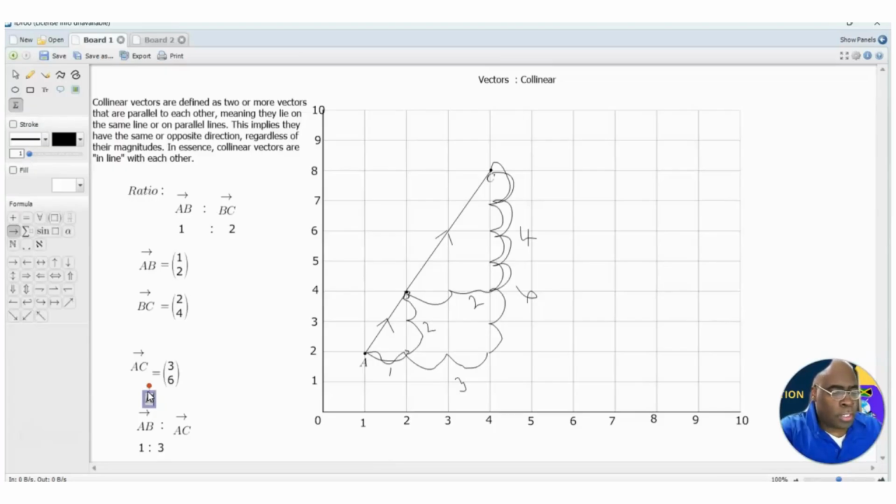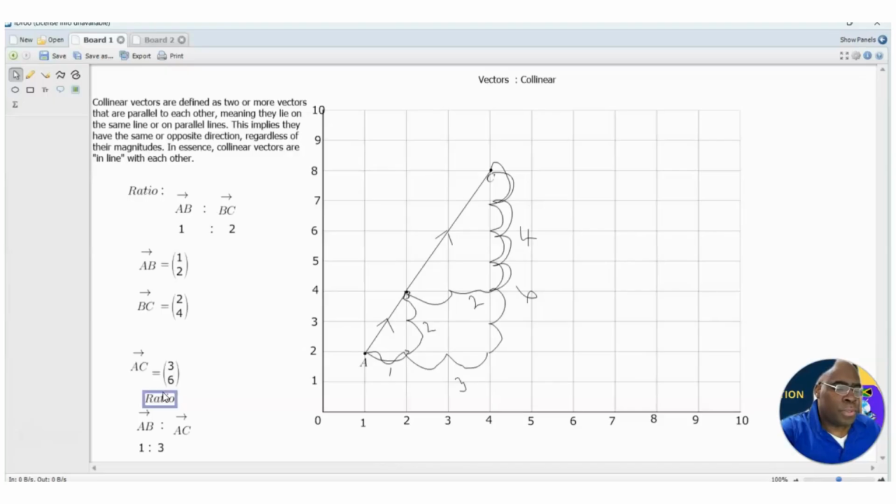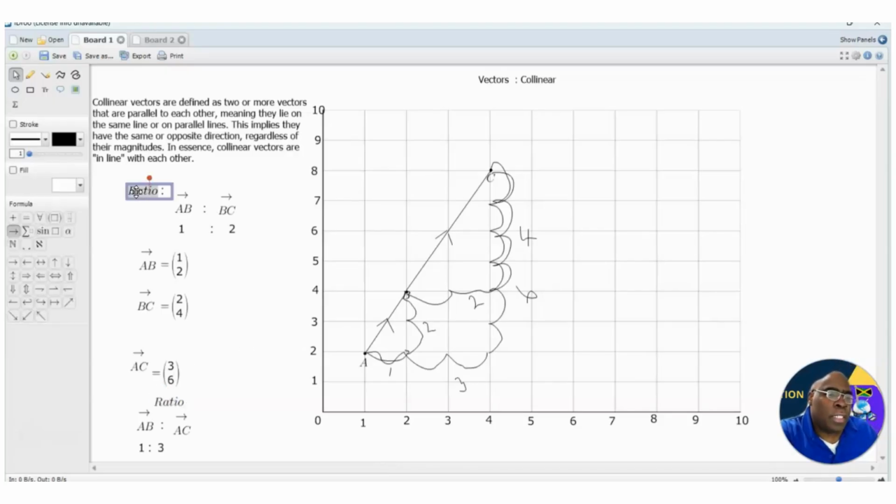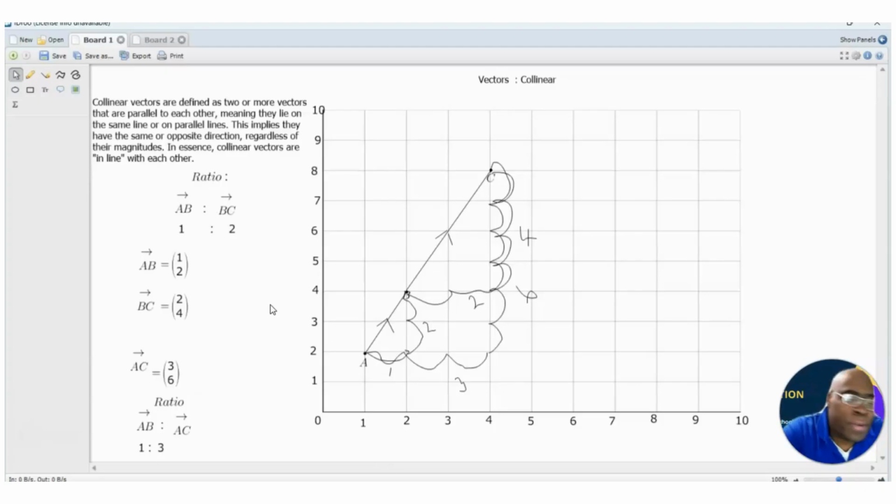Now, in the expression of collinearity, once you can get a ratio like this, it suggests that they are collinear.